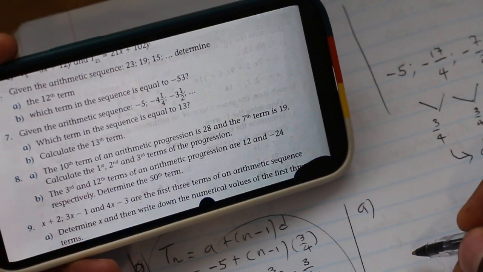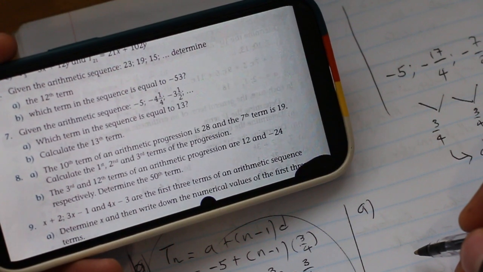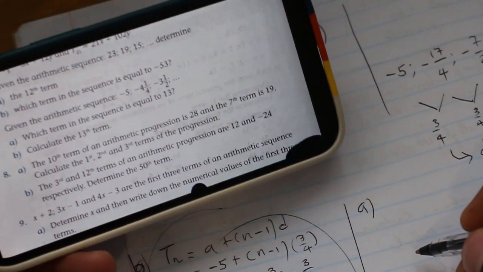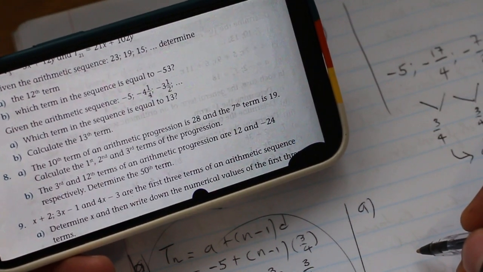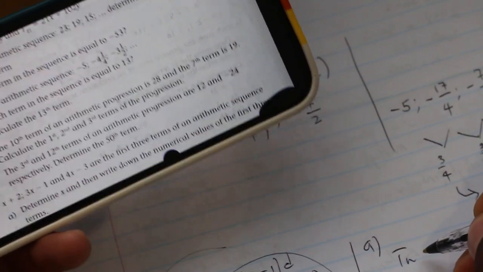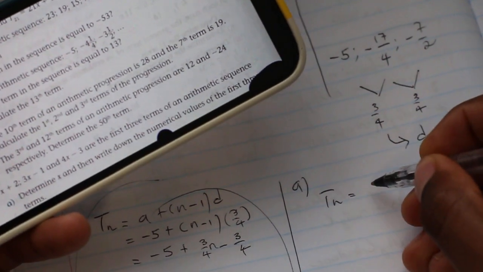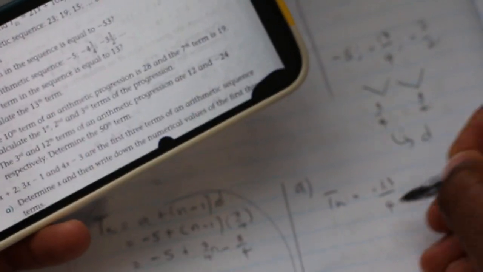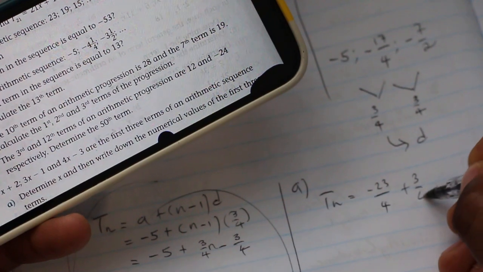So to find the answer for A, which is the position of the term with a value of 13, we're still going to use that Tn is equal to minus 23/4 plus 3/4 n.